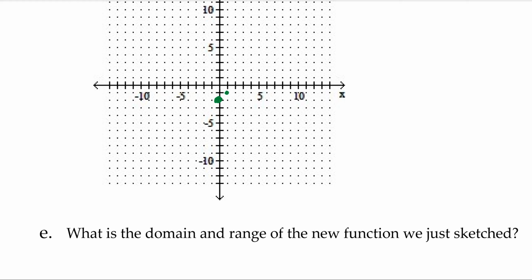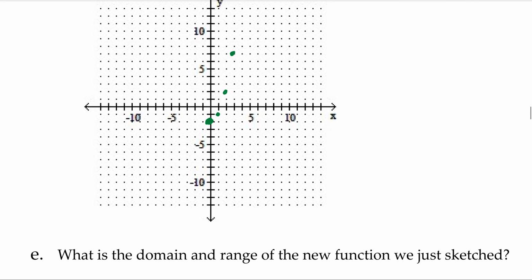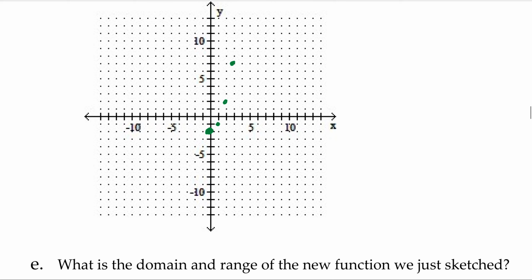Our next point is at 2, 2. Next point is at 3, 7. Oh, I'm looking at the wrong one. Sorry, guys. 3, 7. And our next one should be at 4, 14, which I believe ends up taking us slightly off the page.